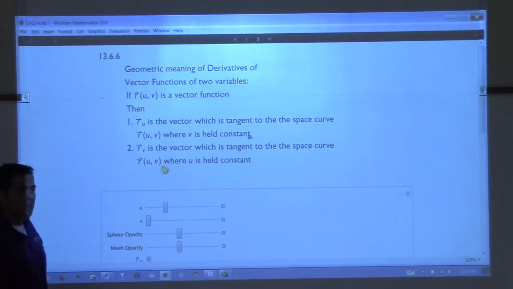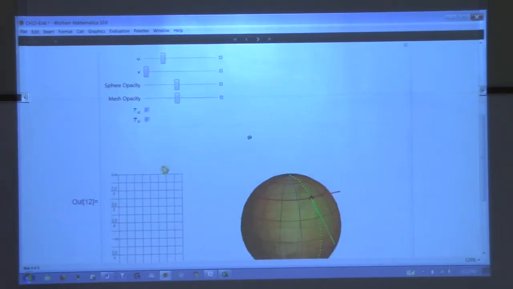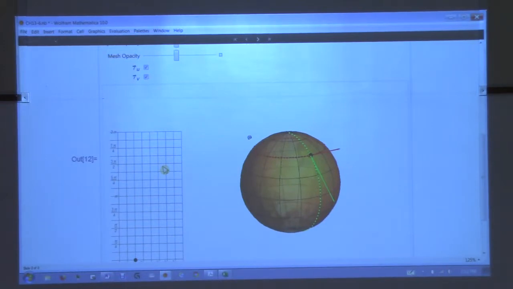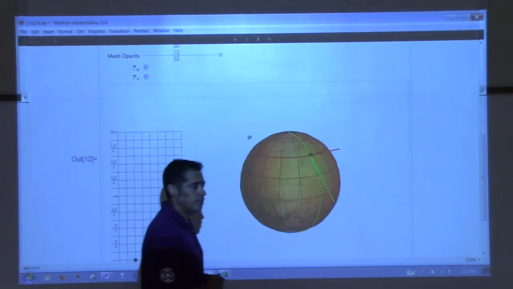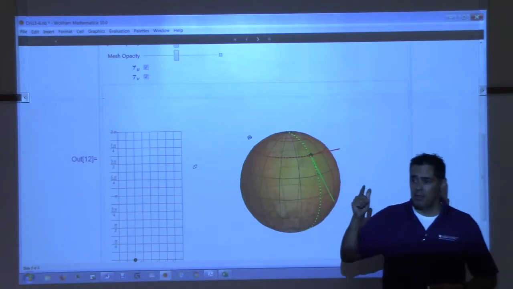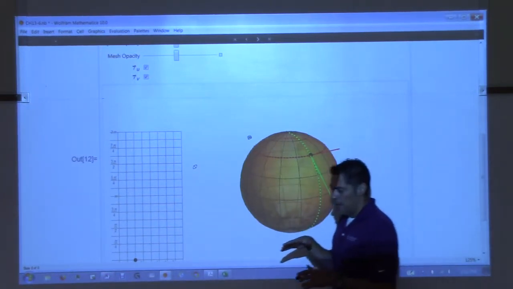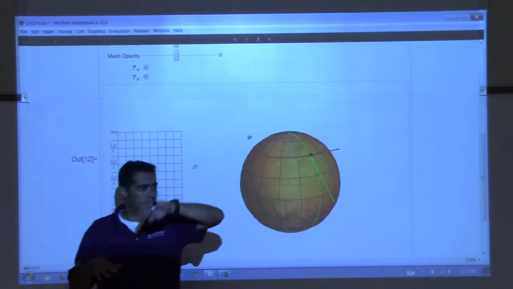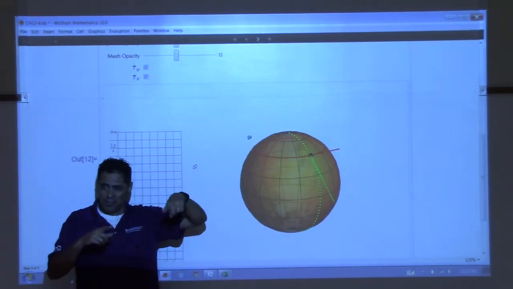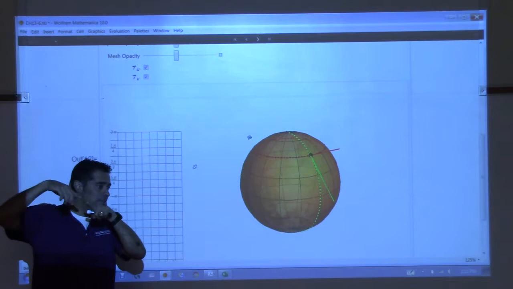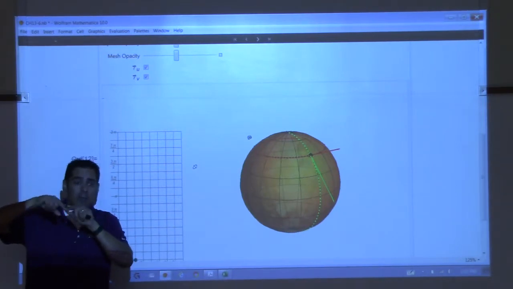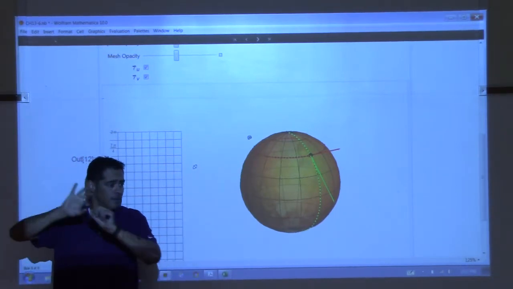All right? Now, can anyone just by looking at this picture tell me what we could use those two vectors to now generate? A plane, right? Whenever we had a space curve, a curve in three-dimensional space, we could find the tangent vector, and then we could come up with a line, couldn't we?